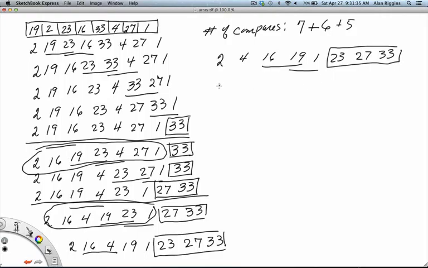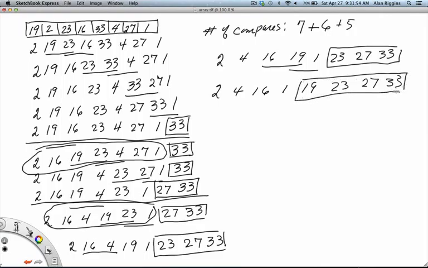We have 2, 4, 16, 1, 19, 23, 27, 33. And now this part of the array, the sorted partition as it were, contains 4 elements. So with each pass of the outer loop, we add 1 to the array that's in sorted order.